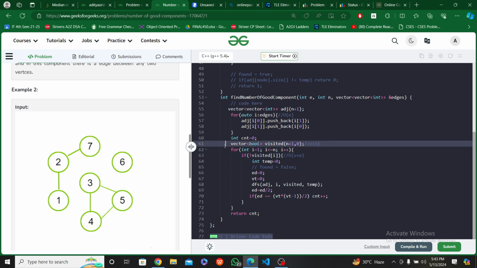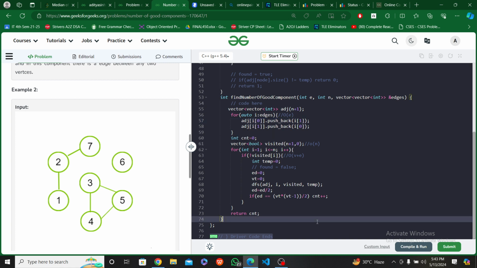And what is the space complexity? Here I am using a visited vector, so O of n, and I am making an adjacency list, so in the worst case it will be V square.